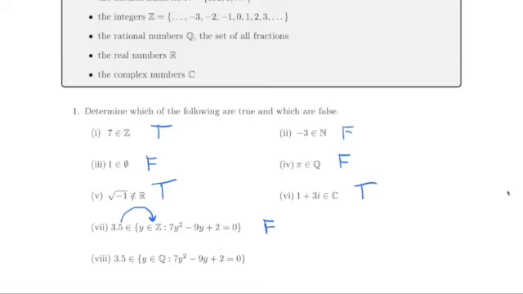So 3.5 is not an integer, so it's definitely not going to be in that set. This is also false: although that is a rational number, it doesn't satisfy this equation. So this checks out, but that doesn't, so that makes it false. Okay, any questions? I went through that quickly.